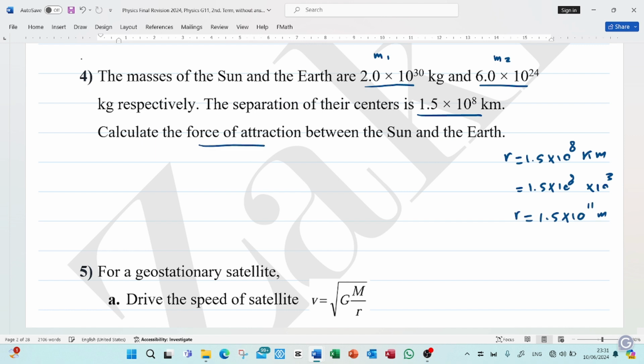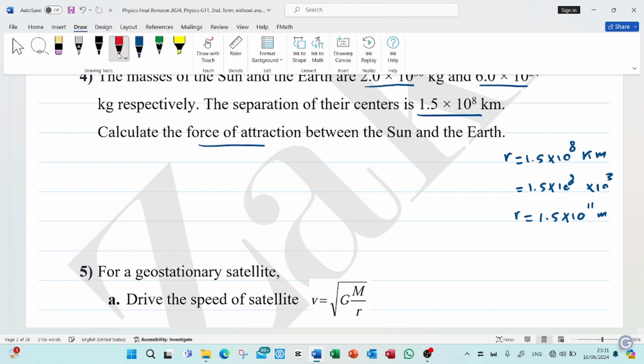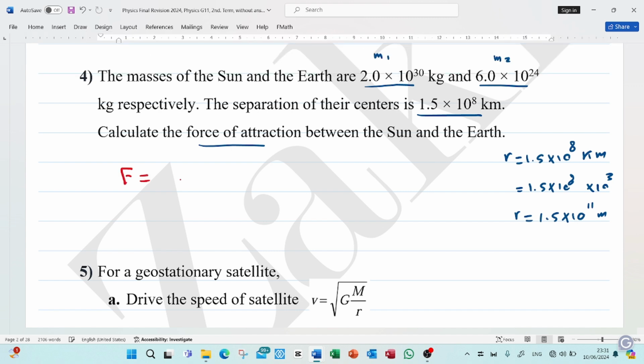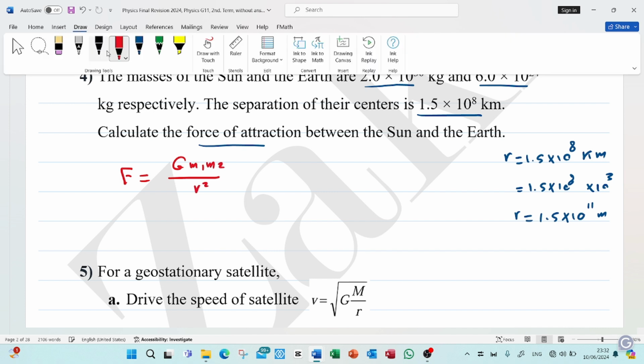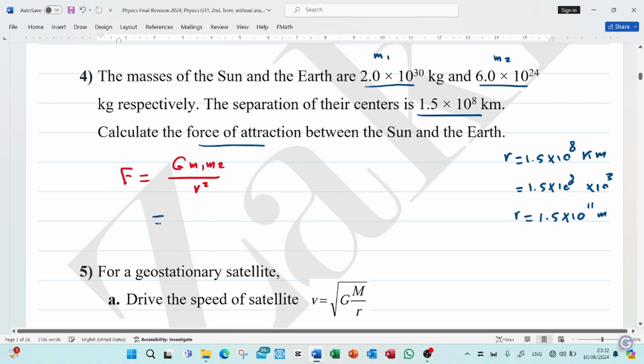We need F. The formula from the formula sheet is that F equals G M1 M2 over R squared. G is a constant, given in the formula sheet.